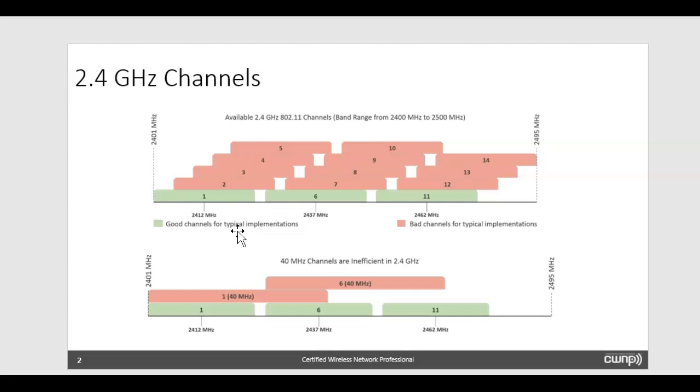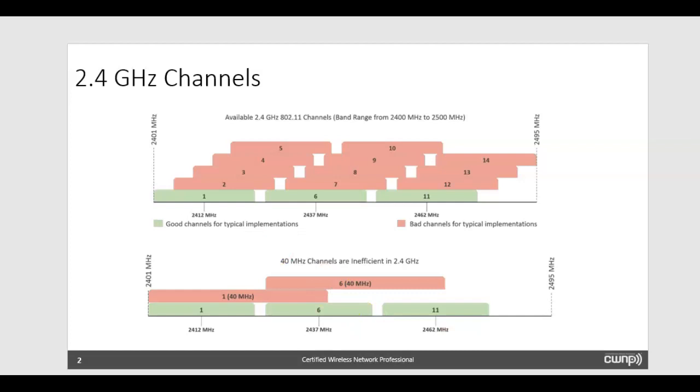Now, in a 2.4 gigahertz channel plan, the normal choice that guarantees no co-channel interference is channels 1, 6, and 11. As much as we'd like to say, here are the standards and this is what you should have, it's not always followed.